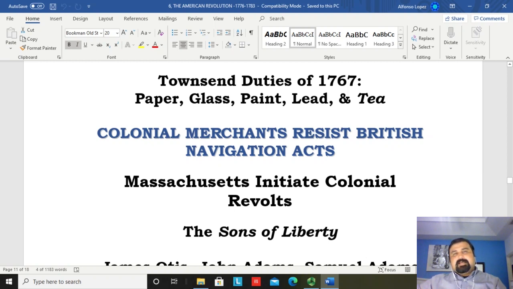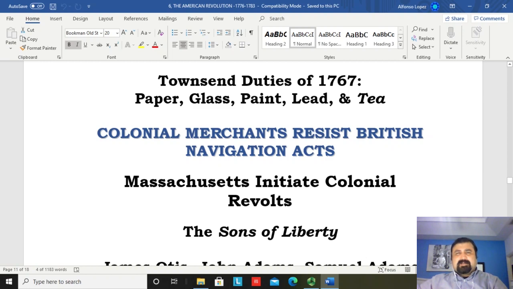So again, the Townshend duties, they were called, the Townshend duties of 1767, are going to be now new taxes on products that were popular, widely consumed, and necessary in the colonies. And now the British are trying to extract revenues as well from those imports, import duties, if you will.